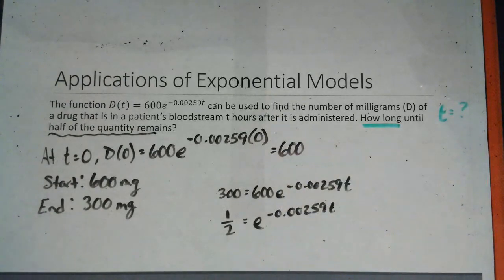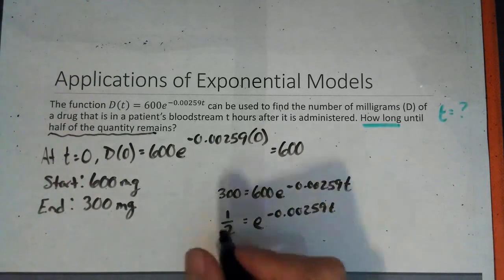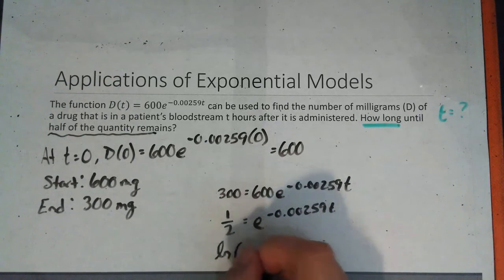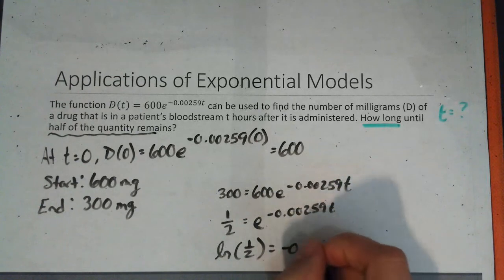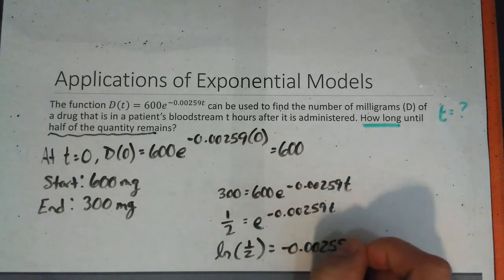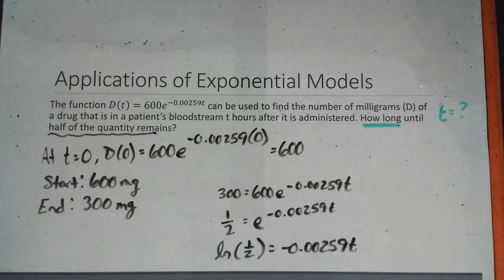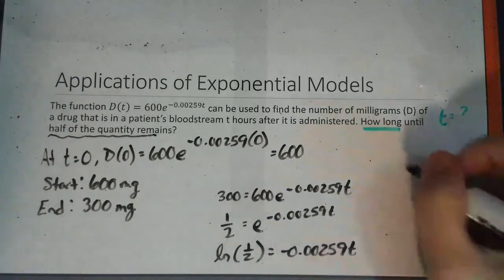And now that it's just a single exponential equals a number, I can put it in logarithmic form. So I'll have log base e, that's the natural log, of 1/2 is equal to this exponent, negative 0.00259 t.